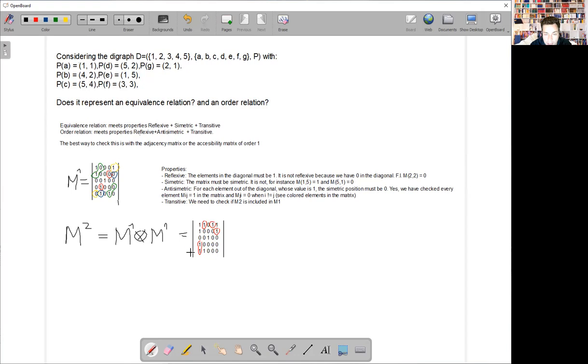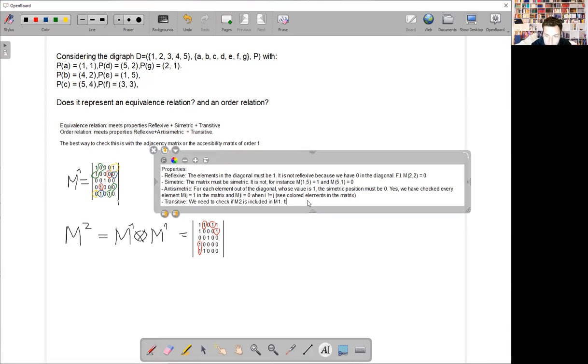All these elements are not contained in the accessibility matrix of order 1, right? So it is not included, right?